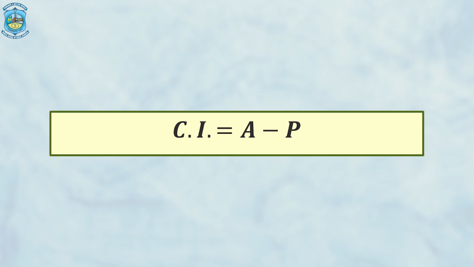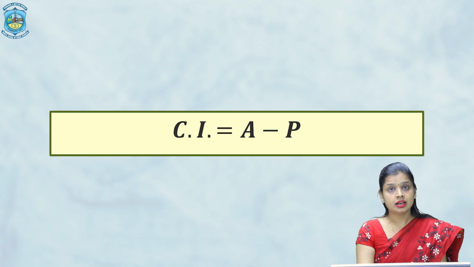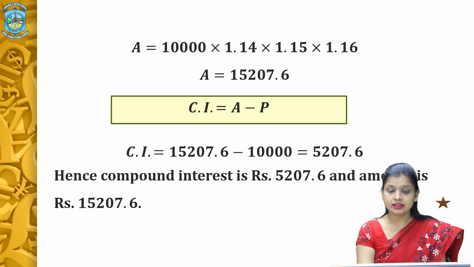We may calculate compound interest using the formula CI equal to A minus P. The amount A we have found is 15,207.6 and the principal given to us was 10,000.